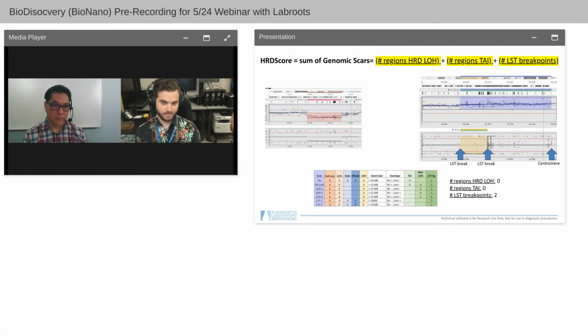So this one is a situation of evaluating what's here. We see a set of breakpoints, and we also see the gain end at the centromere. So by excluding the centromeric involvement and calculating the 2 breakpoints that we see present, this gives us 2 in total.